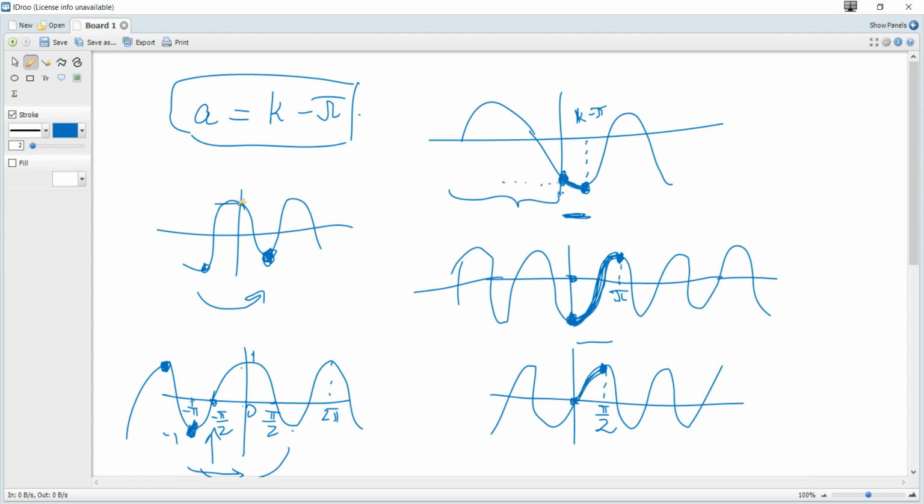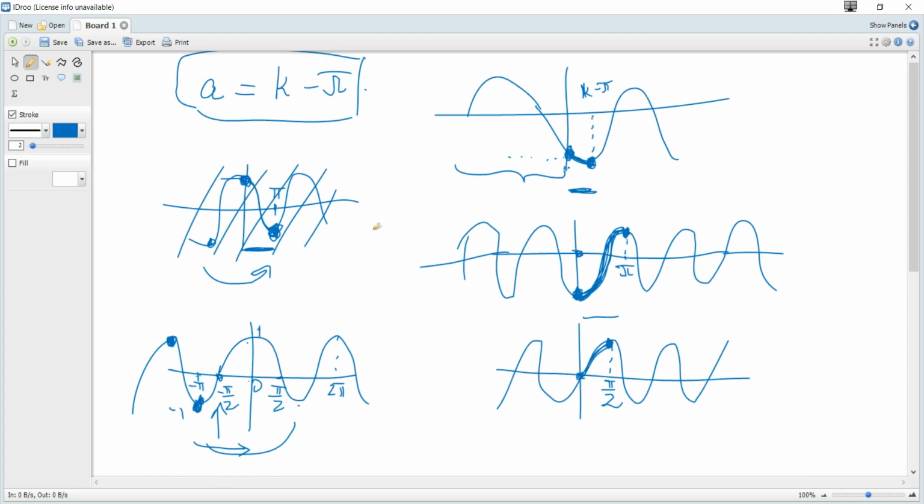And you can see that this answer will be true, because the required region for the inverse to exist will be k minus pi, which for the maximum possible value of k, 2 pi minus pi, is pi, and you can see it's pi, so it's true. So the answer is a is k minus pi, and that's all for this question.